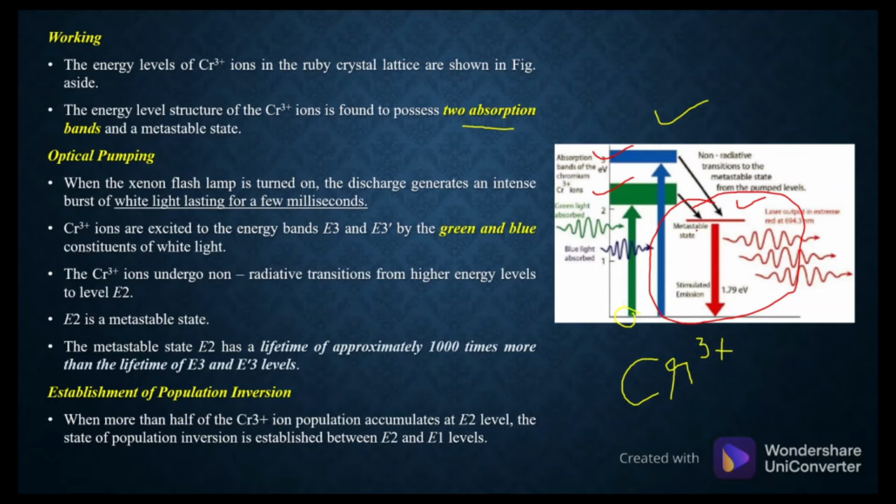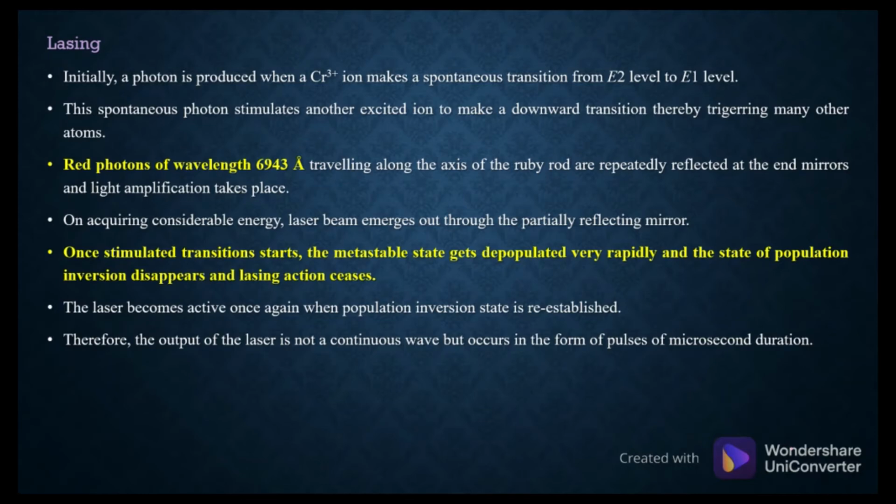As we have discussed in the previous video, the transitions between the levels E3 and E2, or E3 dash and E2, are due to non-radiative transitions only. So laser radiation will not be emitted due to these transitions. Only heat will be generated. Here it is a non-radiative process, and the transition between the metastable state and the ground level is a radiative transition process, as explained in this slide as well.